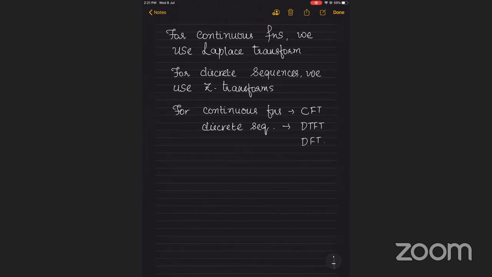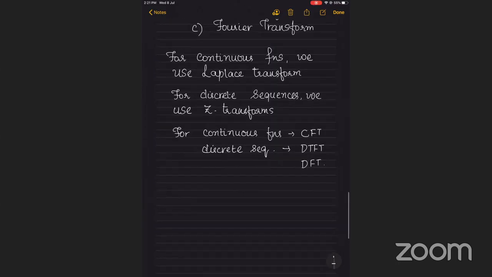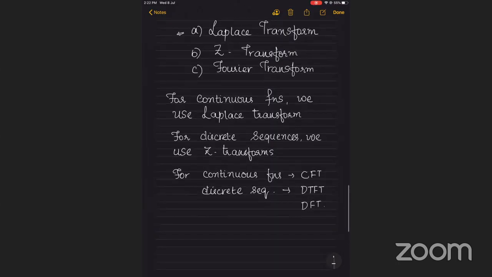Is this clear? So for different types of functions, we have different transforms. Now, what is the need for these transforms? In the first place, we looked at logarithm to be useful for computational ease, for converting an exponential function to a linear function, and then trying to analyze that.